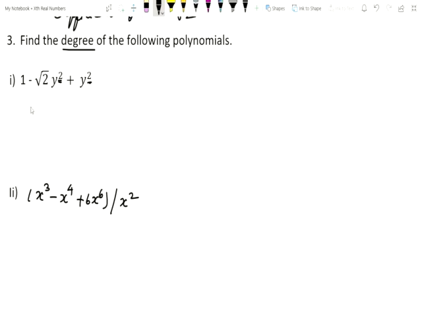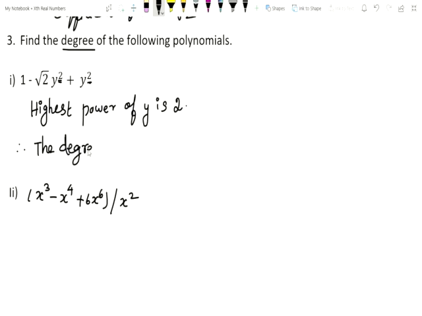So, the highest power of y is 2. Therefore, the degree of the polynomial is 2.